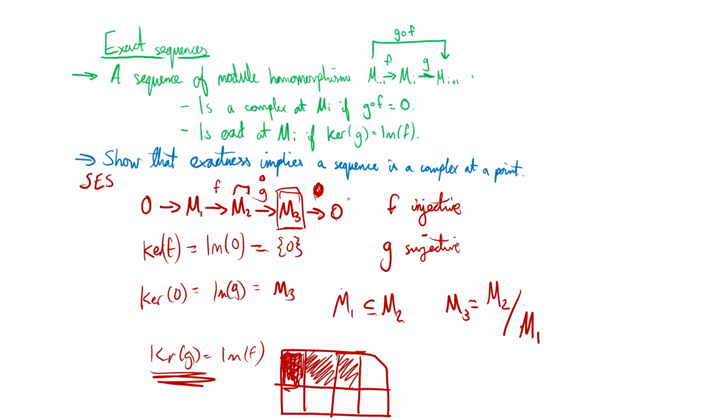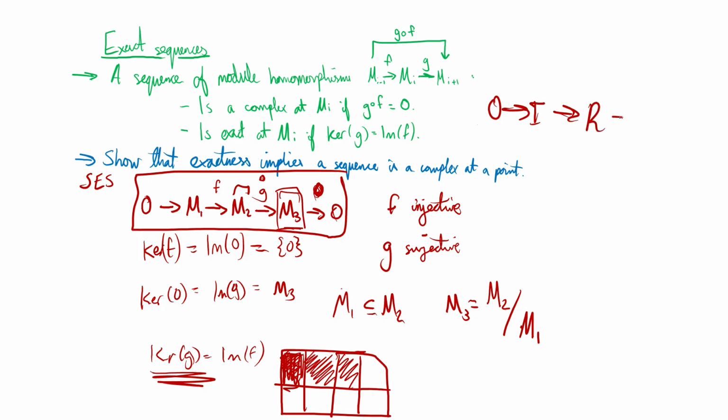So we now have a way of quantifying how one module is the quotient of another module. So 0, I, R, R over I, 0.